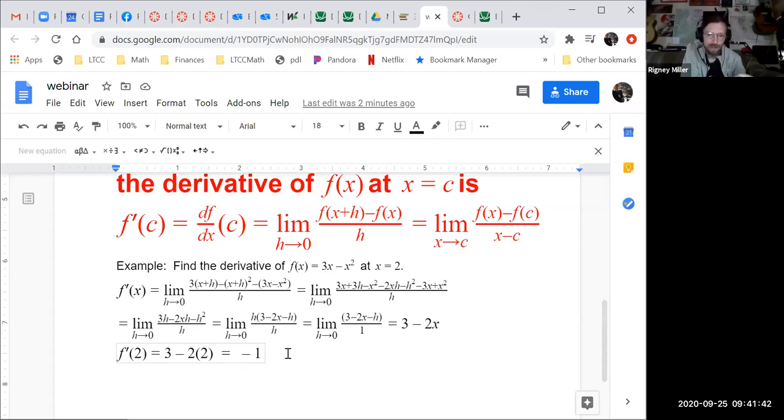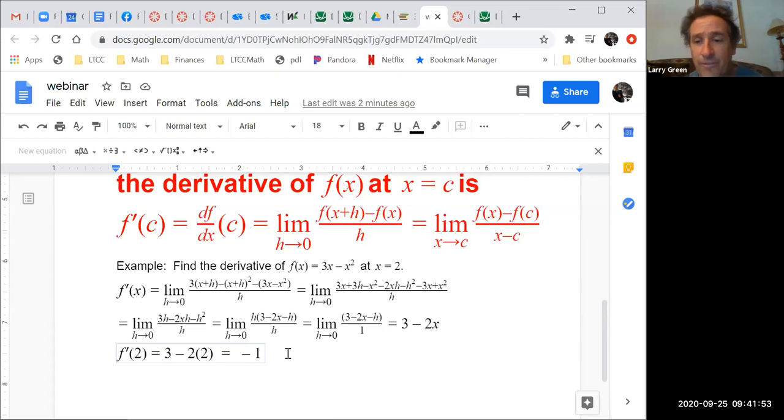So just to clarify, 3 minus 2x is the derivative, and then -1 is the solution to the derivative? Okay, so the derivative is a function. And a function means that if someone gives you a number, the function gives you a new number. You know what a function is? Right?